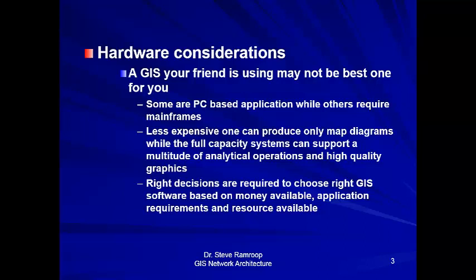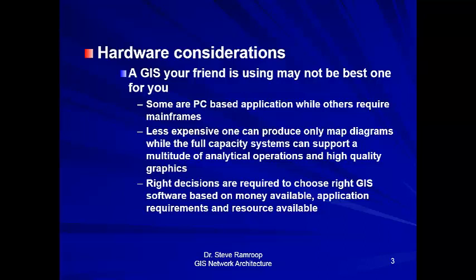While in a more extensive application, for example, the city tax office, they're going to have aerial imagery, they're going to have roads layer, they're going to have addresses. It's more extensive. So, in a nutshell, right decisions are required to choose the right GIS software based upon the money available.